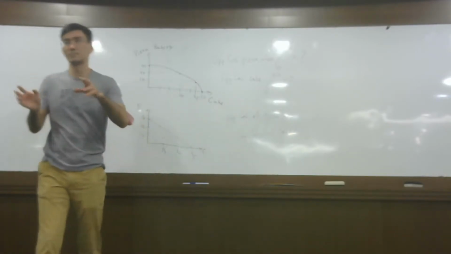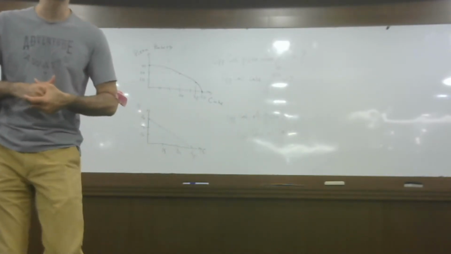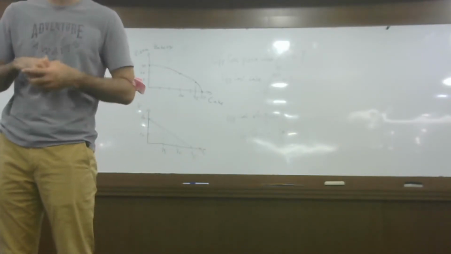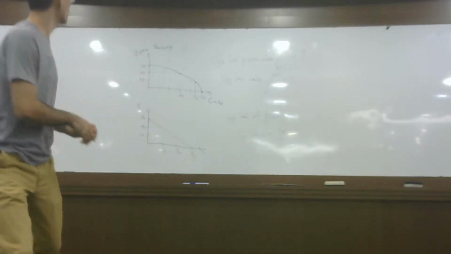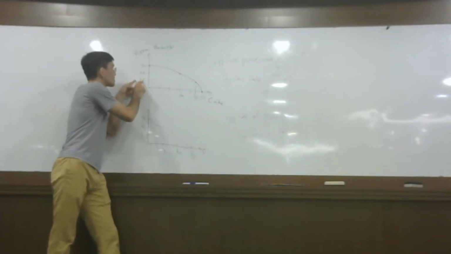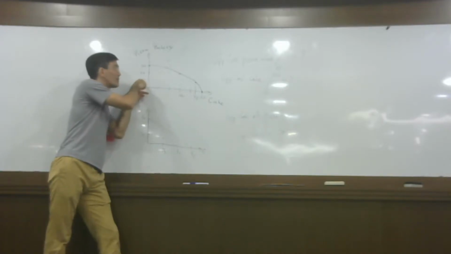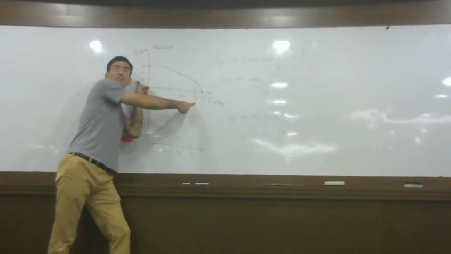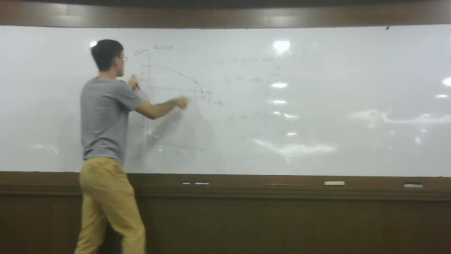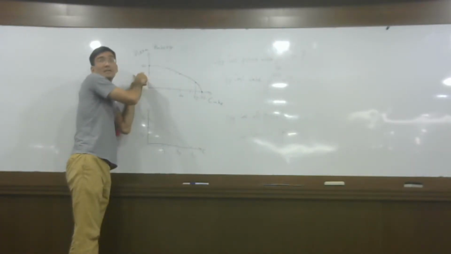So, let me explain the answer so everybody's on the same page. Previously, we had 10 pizzas and 45 cakes, right? If we had 10 pizzas before, we must have been on this level. At that level, we also have 45 cakes. Next, as we move to the next level, 20 pizzas, I must have fewer cakes.